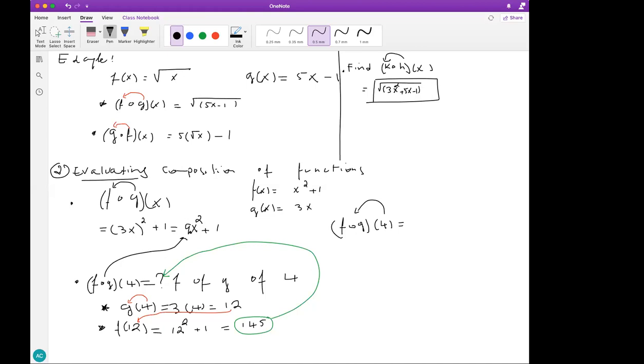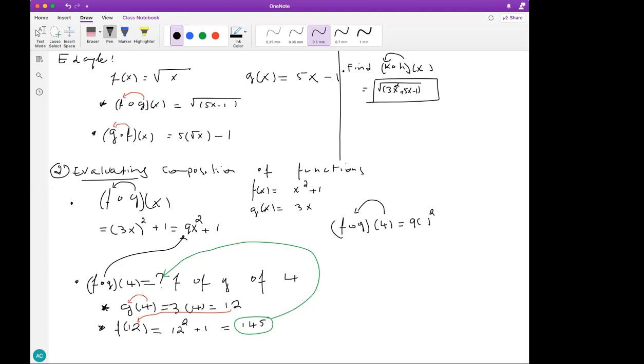Now that we know the composition, we're just going to plug the 4 into the composition, which happens to be here. So the 4 goes here inside of the x. This is the composition. So it would be 9 times what? The 4 into the mix.